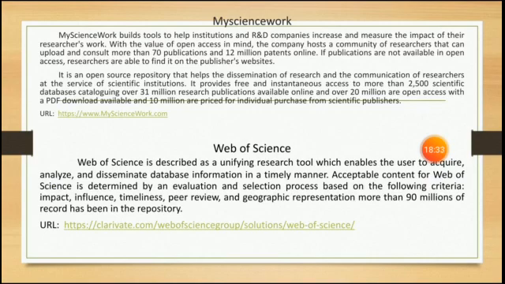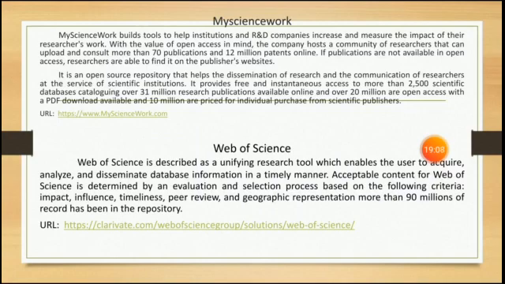Then we have MyScienceWork. It's a built tool to help institutions and R&D companies increase and measure the impact of their research work with the value of open access in mind. More than 70 million publications and 12 million patents are uploaded on MyScienceWork. If publications are not available in open access, researchers are able to find them on the publisher's website. So you can note this down.